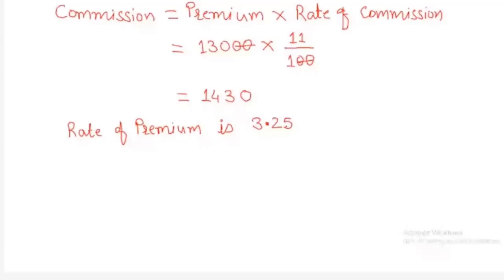Rate it is there, so percent. Rate of premium is 3.25%. And agent commission or commission is rupees. Commission will be expressed in terms of rupees 1430. I hope even this sum was easy.